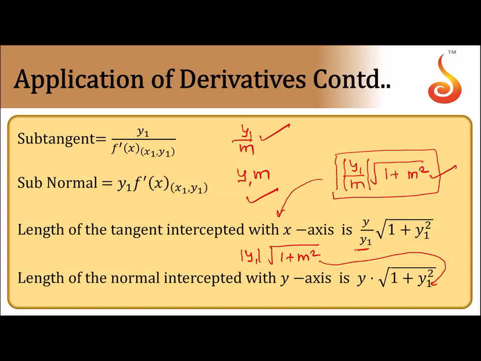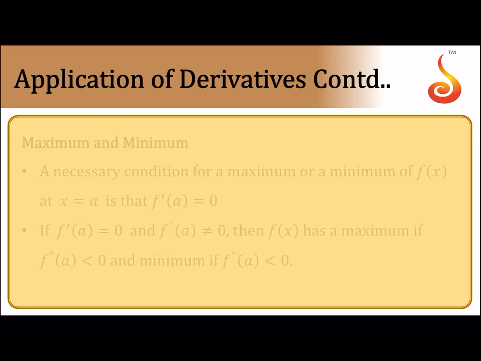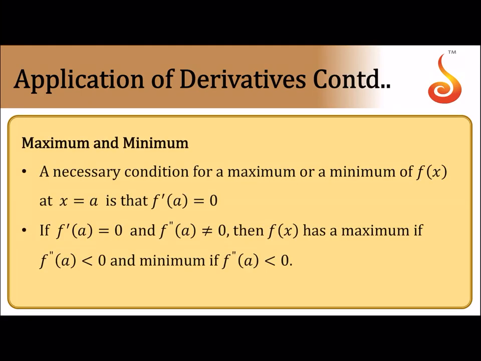It is also a modulus because length is always positive. This is the subtangent y1 by m and the subnormal is y1 m. It's very important for your differential equation chapter especially, where y1 is treated as dy by dx.